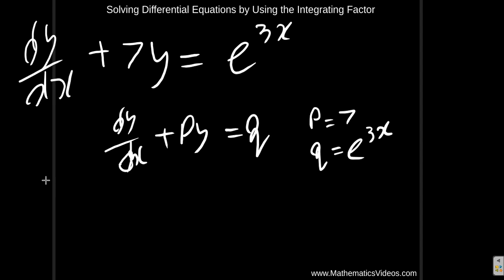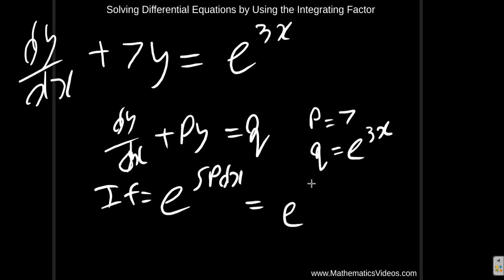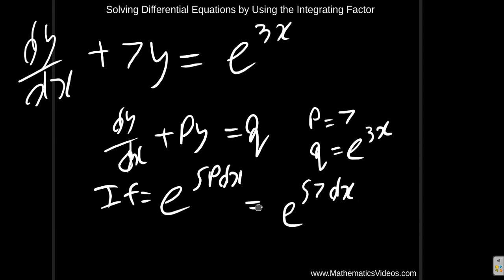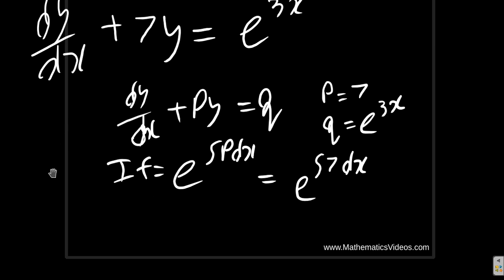So here now, the integrating factor is equal to e to the integral of p dx, which in this case is e to the integral of 7 dx. So we multiply by that integrating factor.